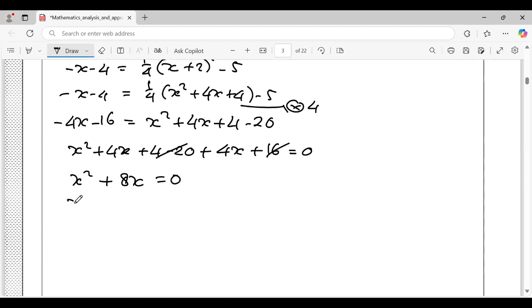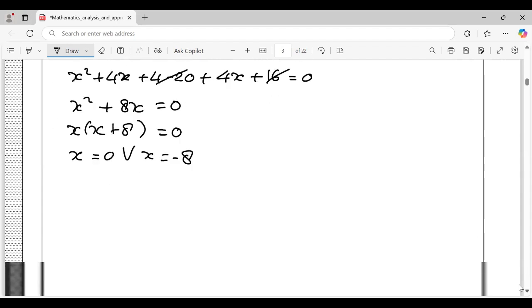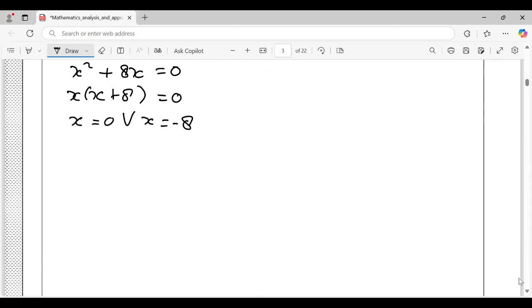So factorize: x times (x plus 8) equals 0. So x equals 0 or x equals minus 8. So there are two values of x.